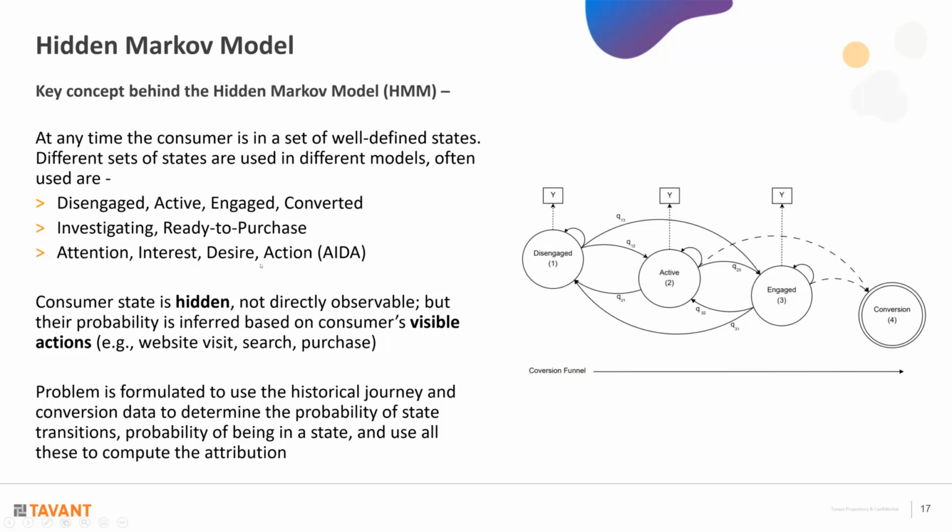Or there are some other states which can be derivatives of the typical AIDA model: attention, interest, desire, and action. So it can be some derivative of that kind of modeling. So you decide on the kind of states that you want to follow, and then you build a hidden Markov model.